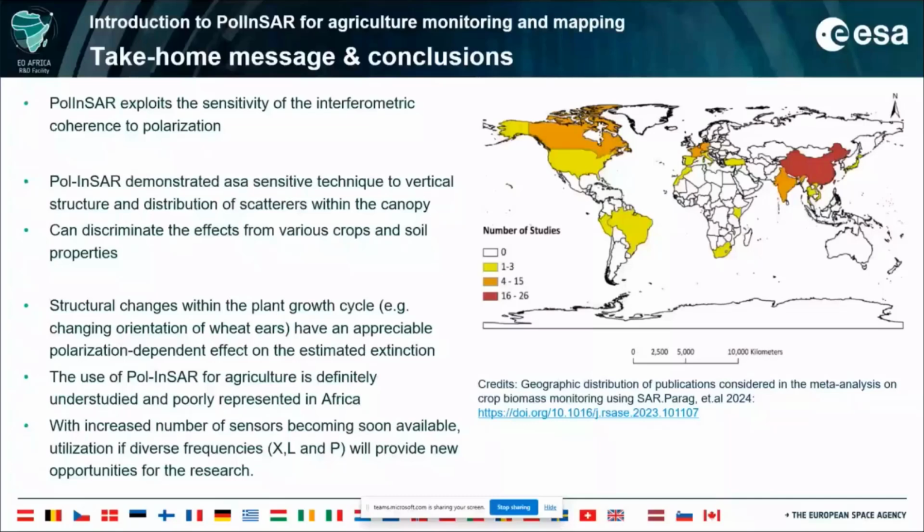The use of PolInSAR for agriculture is unfortunately understudied and poorly represented in Africa, but this is also due to the availability of data sets, which are not always open worldwide. But with an increased number of sensors becoming available soon, utilization of these diverse frequencies, like for example X, L and P band, will provide new opportunities for research.